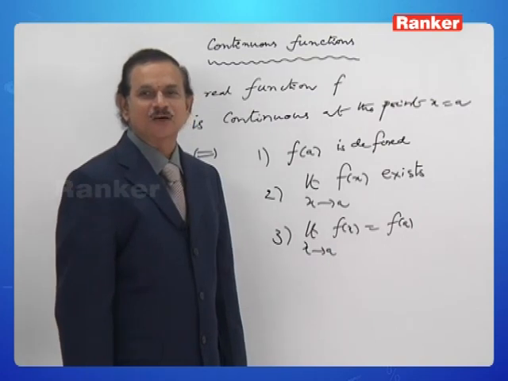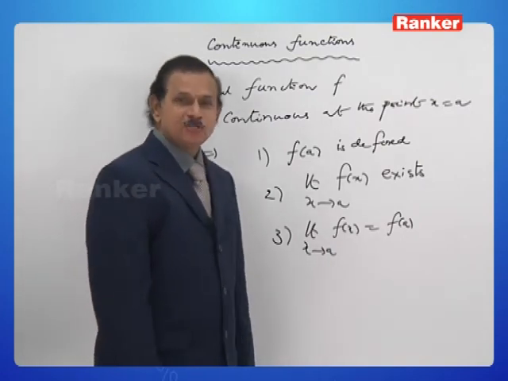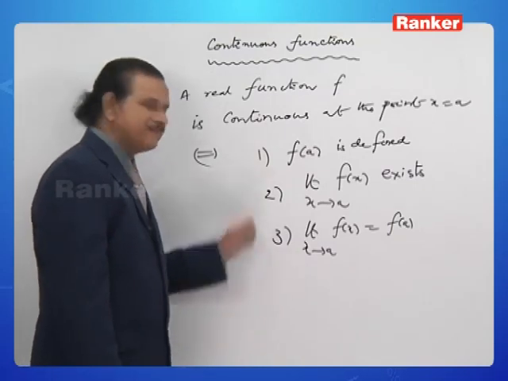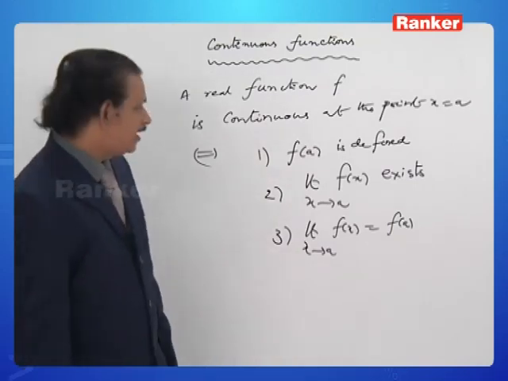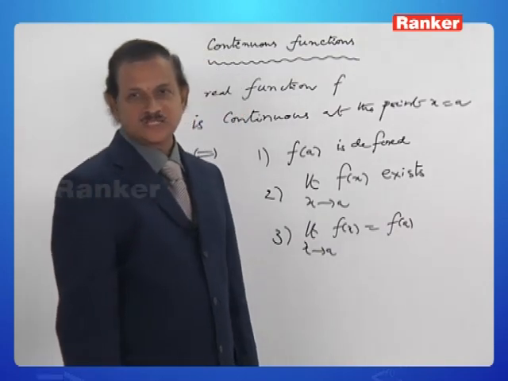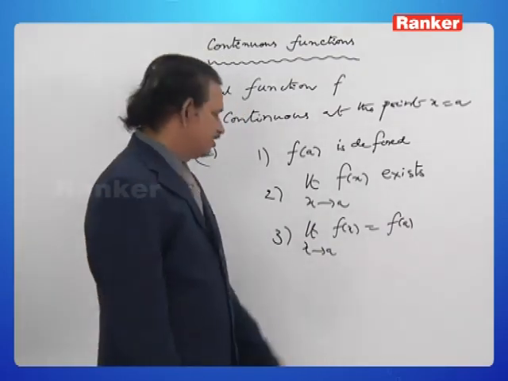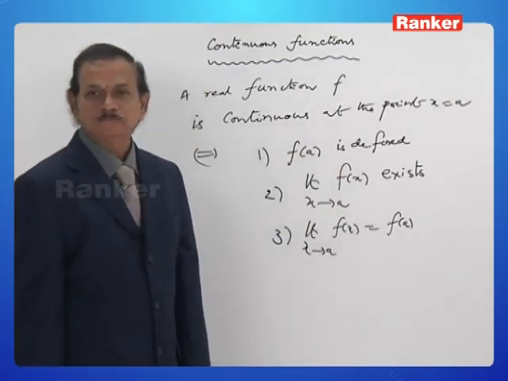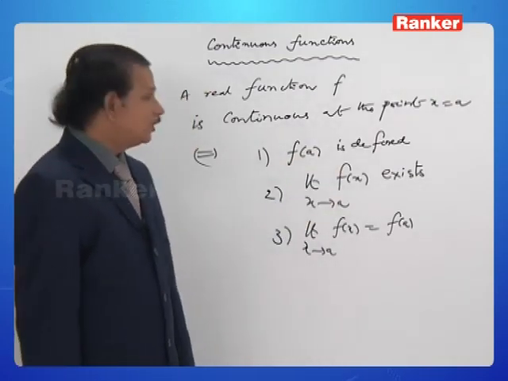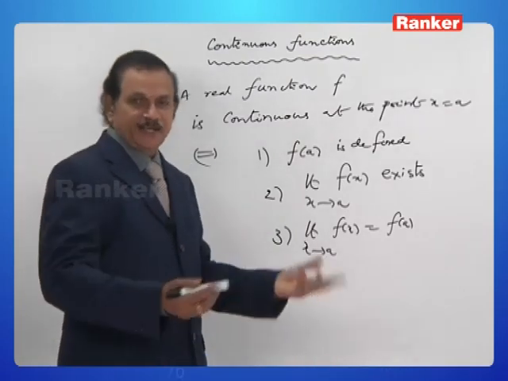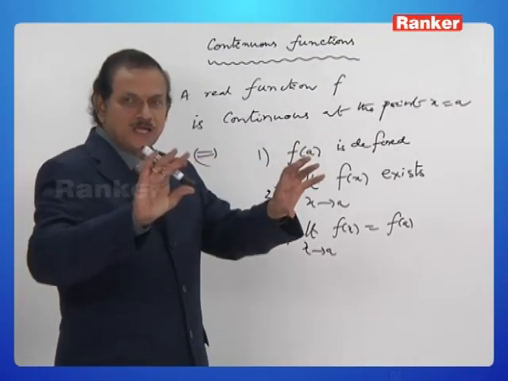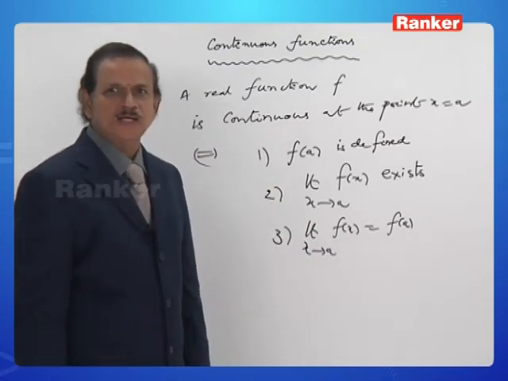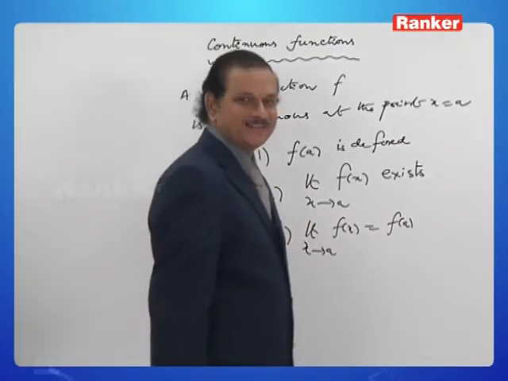So, in order to test the continuity, this is the order that one must follow. The first condition, f of a must be defined. Second condition, limit as x tends to a of f of x exists. Third condition, limit as x tends to a of f of x is equal to f of a. Of course, these three conditions again can be put in a box in a still more brief way. Let us now look at that brief way.